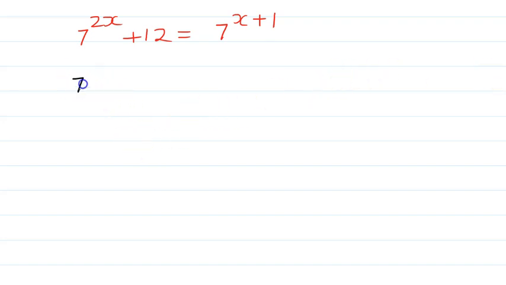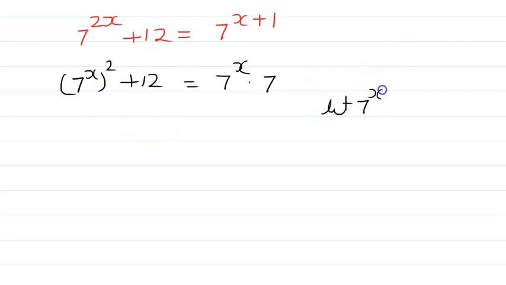So this we can write down 7 to the power 2x, and this is plus 12, and here it is 7 to the power x, and this you can write down 7. Okay, now let 7 to the power x be y, so this we can write down y square plus 12, and this will be y, that is 7y.